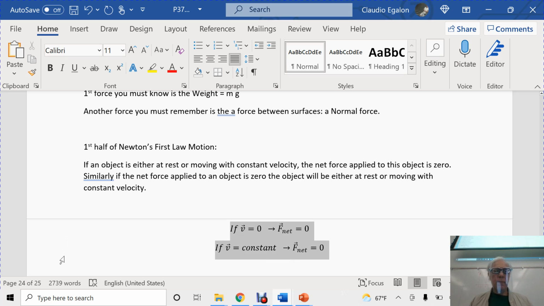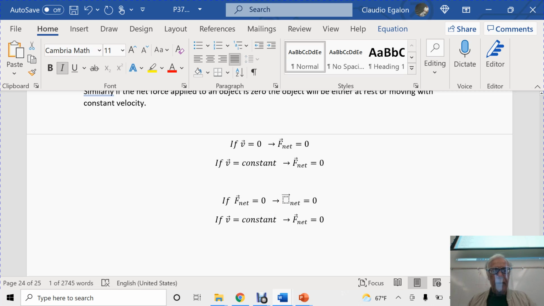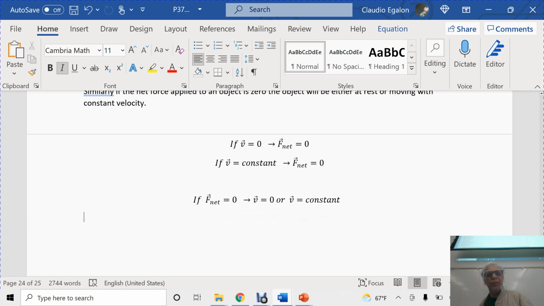Similarly, if F net is equal to 0, it implies that the object is either at rest or v equal to constant. Newton's first law of motion.